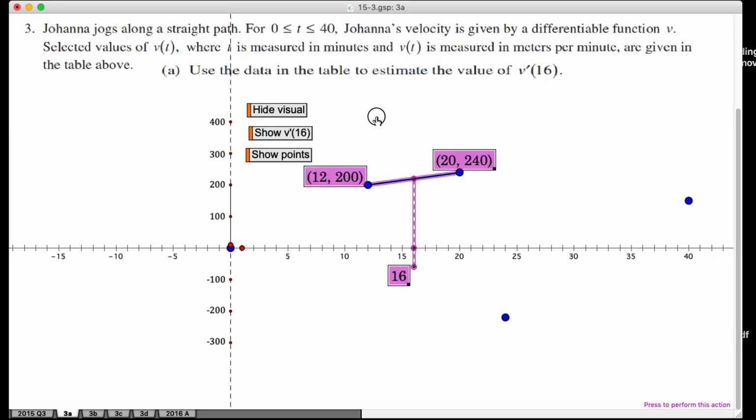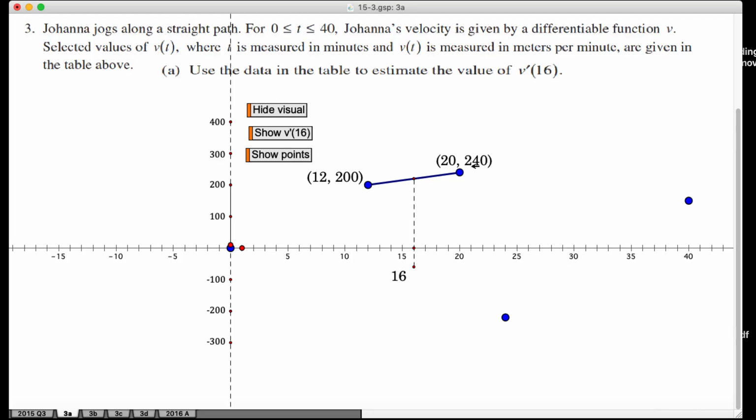They're all approximations, so we might as well just do the slope of the line from here to here. Whatever the slope of this line is would be the slope of the velocity at time 16.